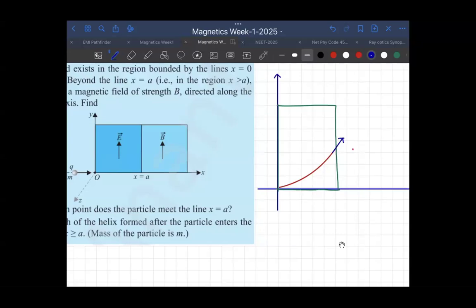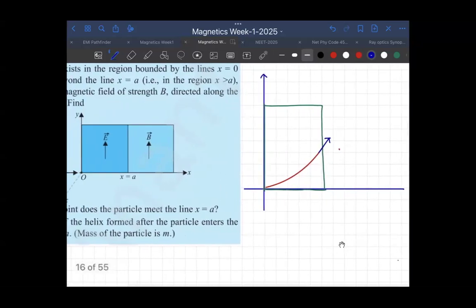By the way, that is the velocity direction. Now with this velocity, it is entering into which region? Magnetic field. Now this will follow which path?